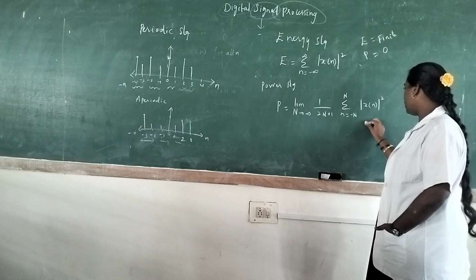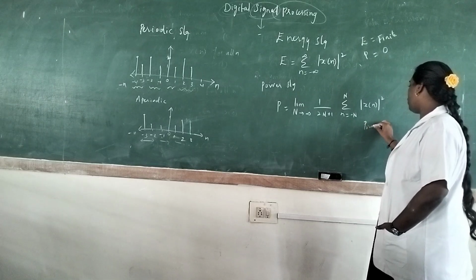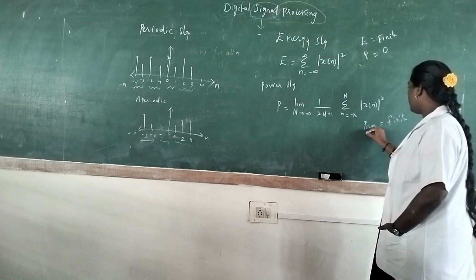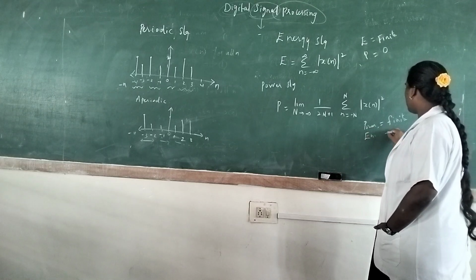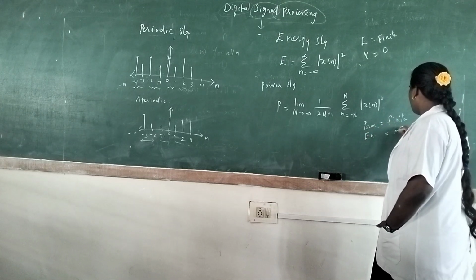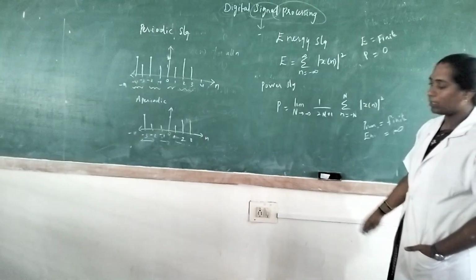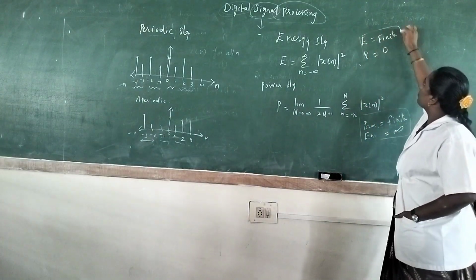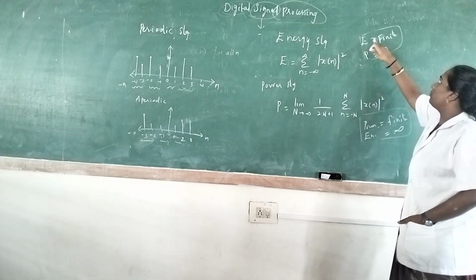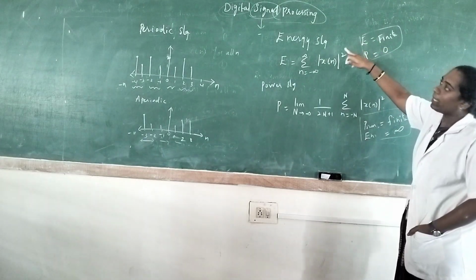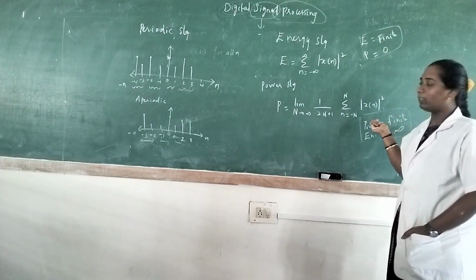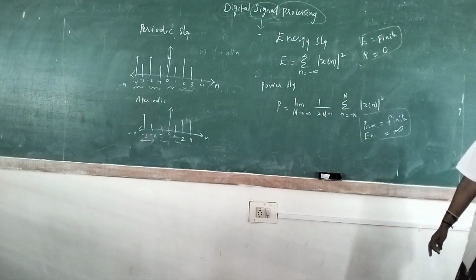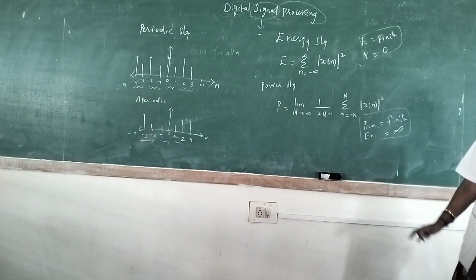Similarly, for a power signal, if the value of power is finite and the energy is infinite, hence the signal is called a power signal. If these two conditions are satisfied, the signal is called an energy signal. If these other two conditions are satisfied, it is called a power signal.